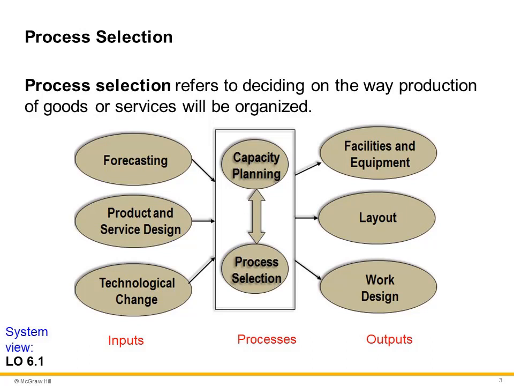If you remember the systematic perspective in chapter 1, if we consider process selection based on a system view, it has inputs, it itself does some processes on inputs to produce outputs. Its inputs are forecasting, customer demand, product and service design, and the technology that you have in your business.